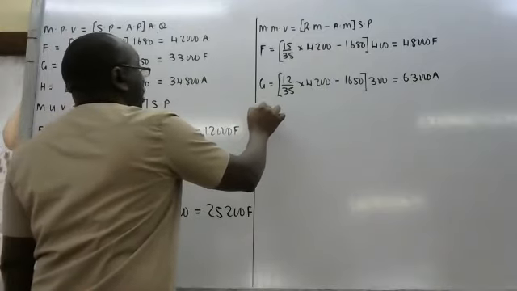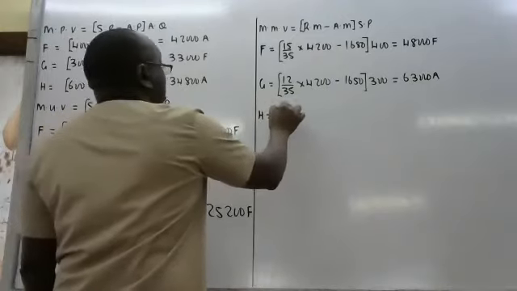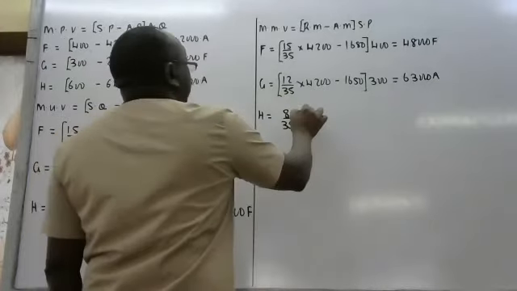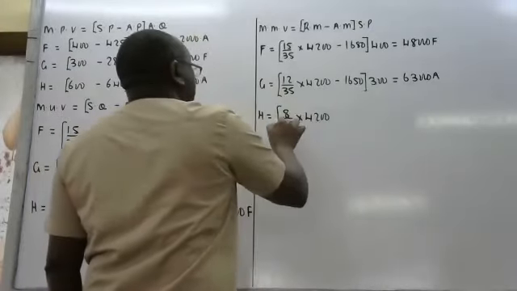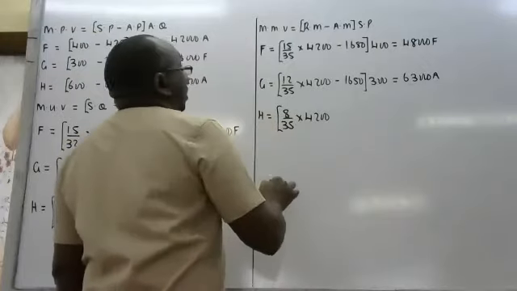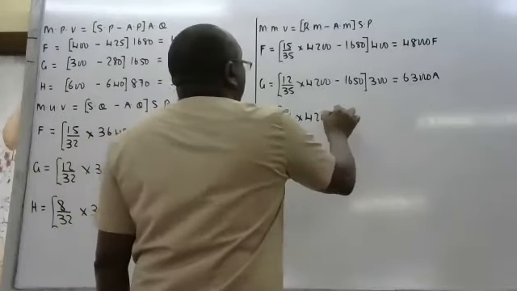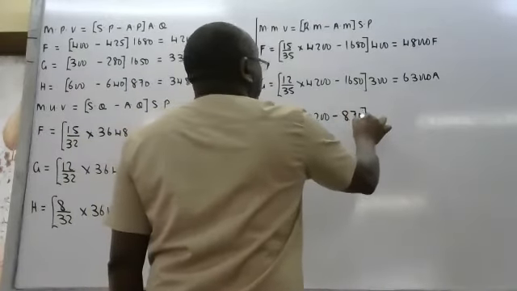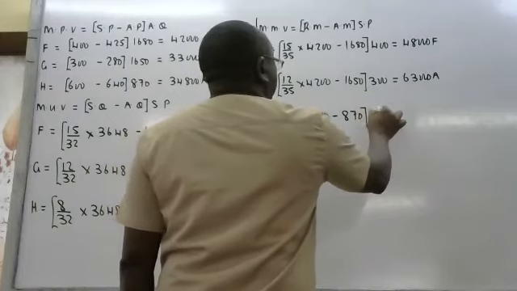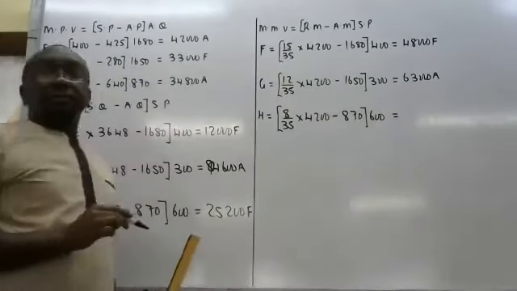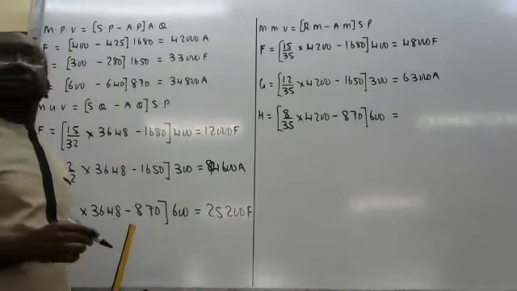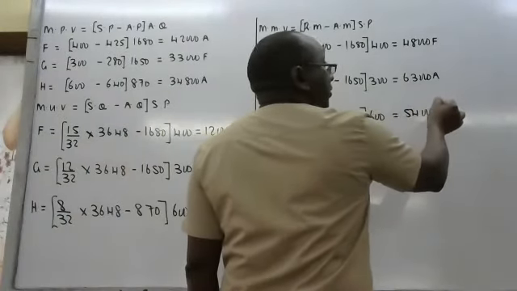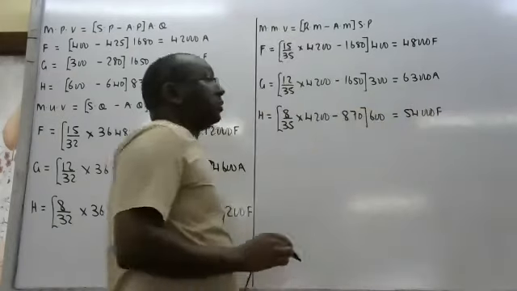Then H is 8 out of 35 times 4200 minus 870 at 600. $4,000. Favorable or adverse? Favorable.